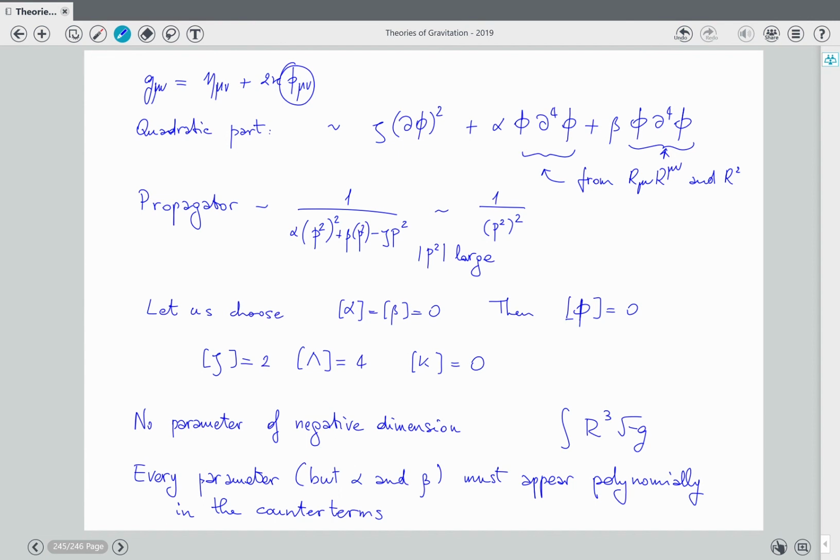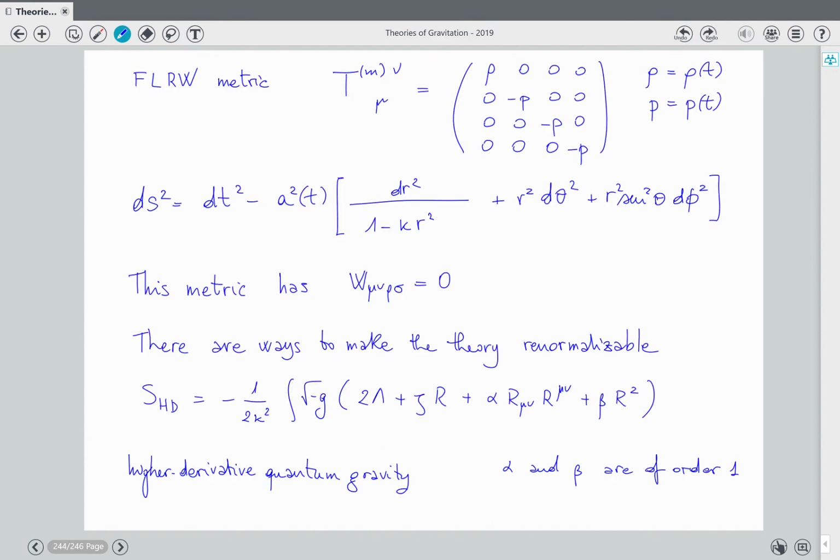You have to have covariant objects, scalars, in the action. The action must be a scalar. So if it is local in derivatives, even if phi has dimension 0, you just have few invariants that you can build with those constants that are local and depend on the parameters polynomially.